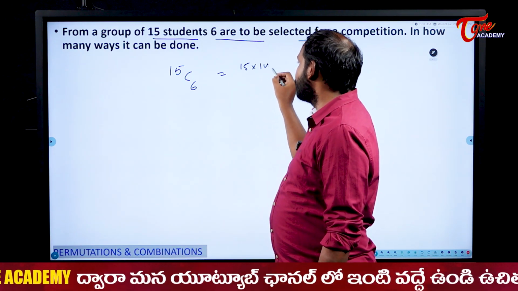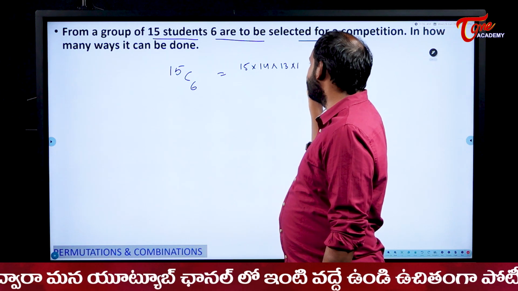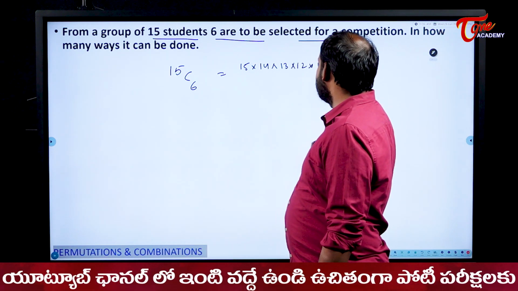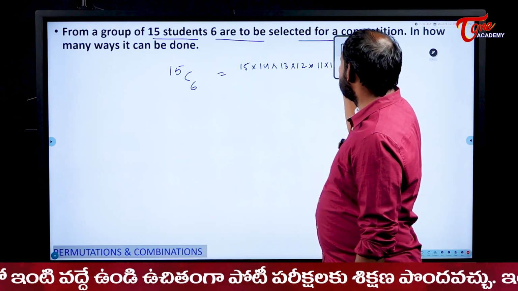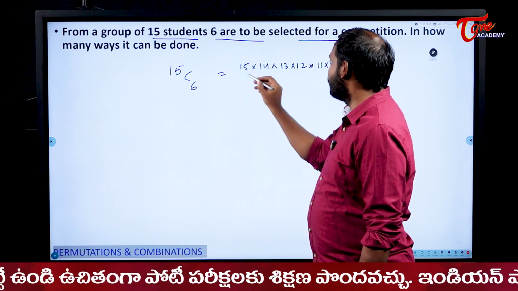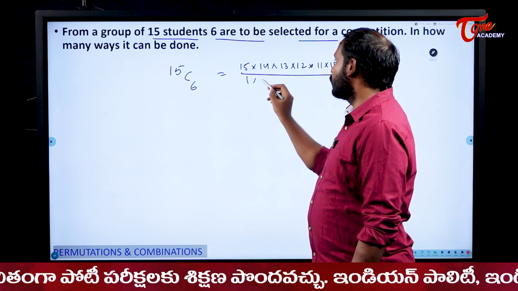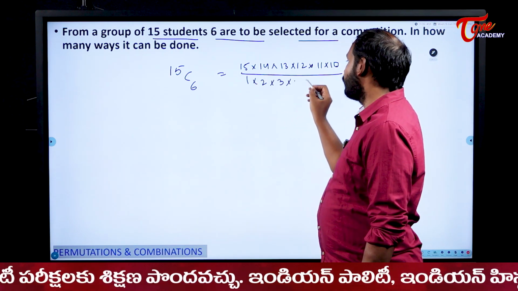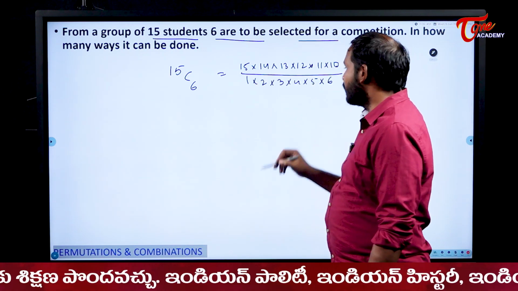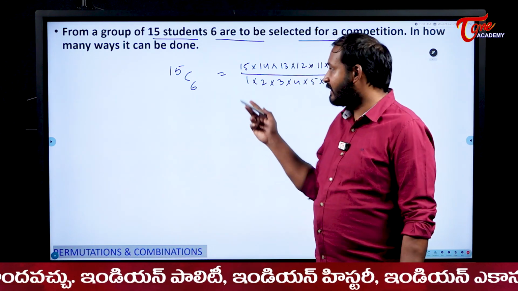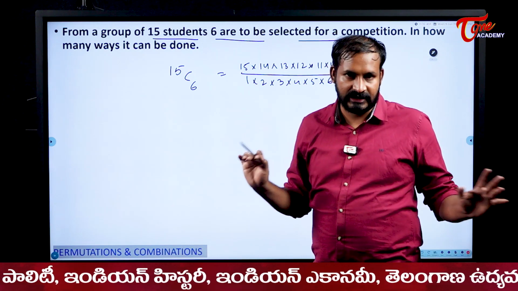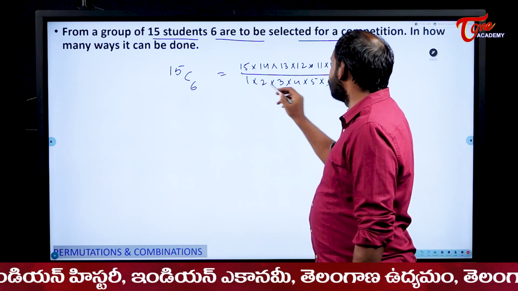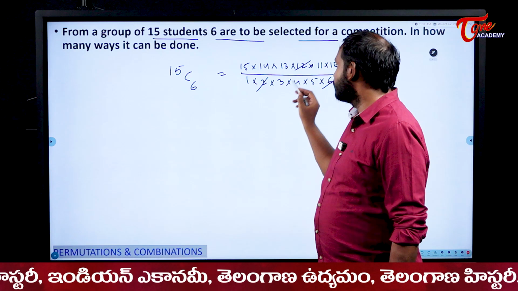15 into 14 into 13 into 12 into 11 into 10, how many I got here? 6. Up to 10, 6 by 1, 2, 3, 4, 5 and 6. Students, as we have already discussed, directly you can write this value, consider it as a shortcut one. 6 2s are 12, 12 will get cancelled.